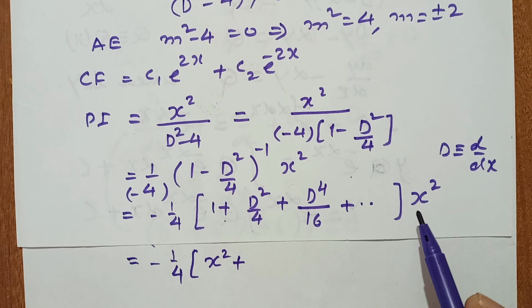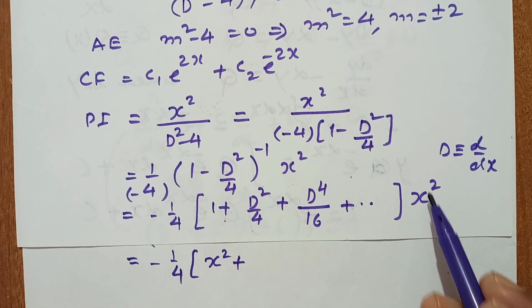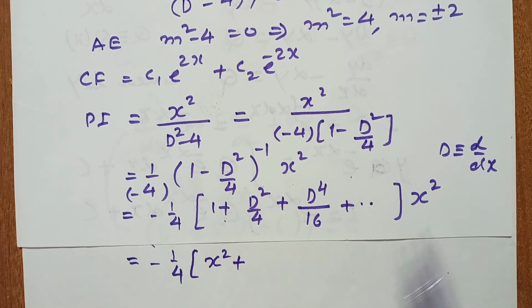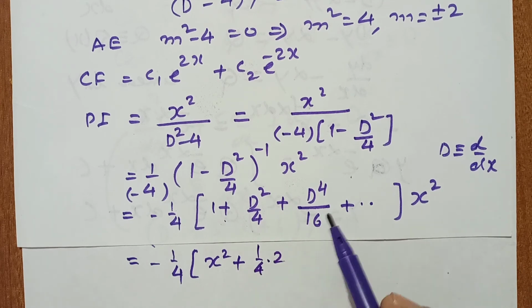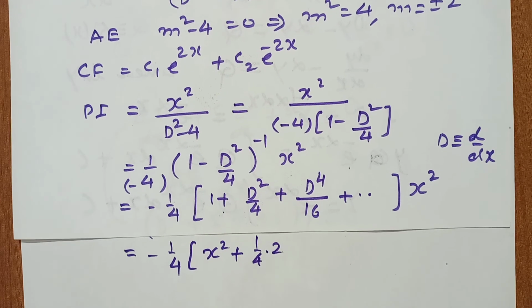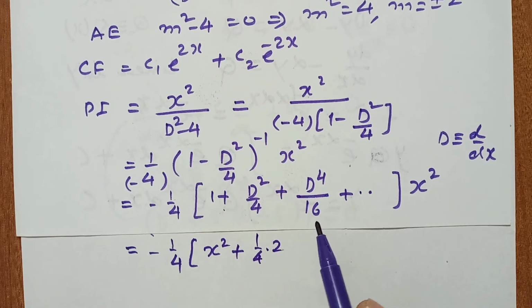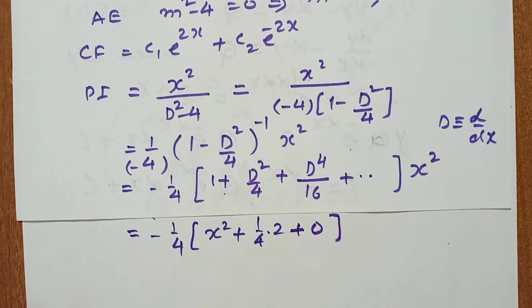So if we differentiate once, so 2x and then only 2, so 1 by 4 into 2, and the remaining terms will be 0 because d4 means 4 times differentiation and all the terms are 0, okay. So plus 0, okay. So now this is minus 1 by 4 x square plus 1 by 2. So this is the particular integral.